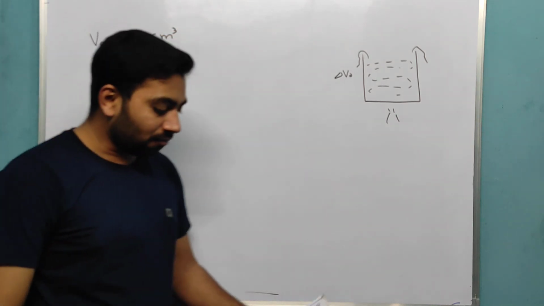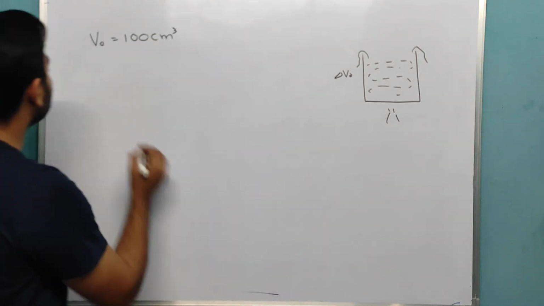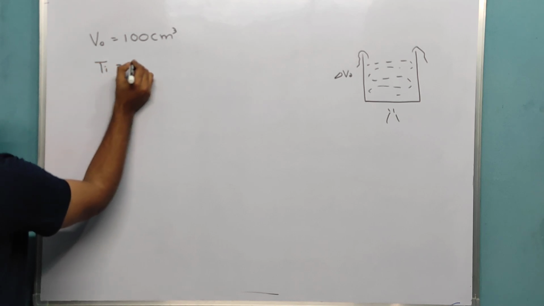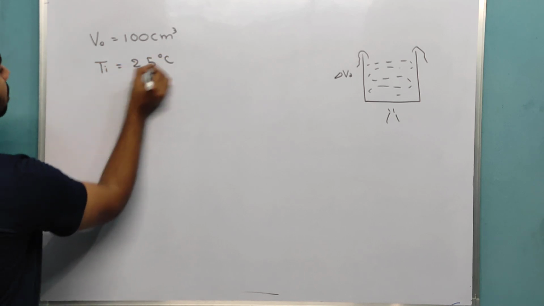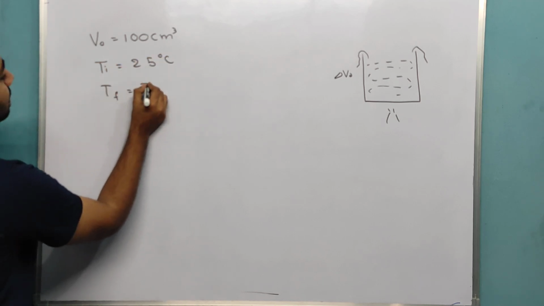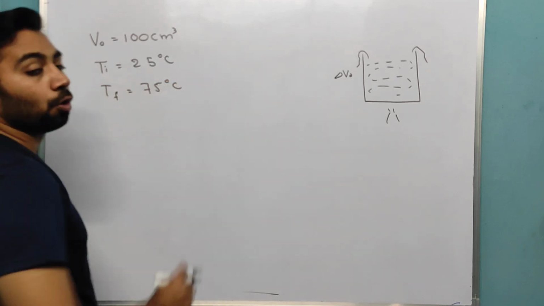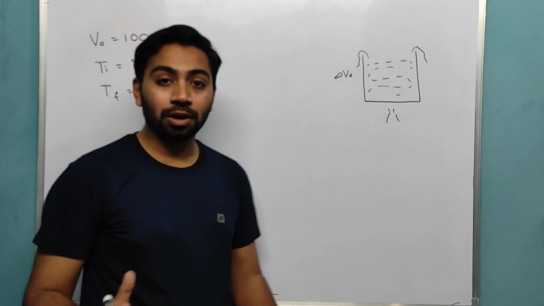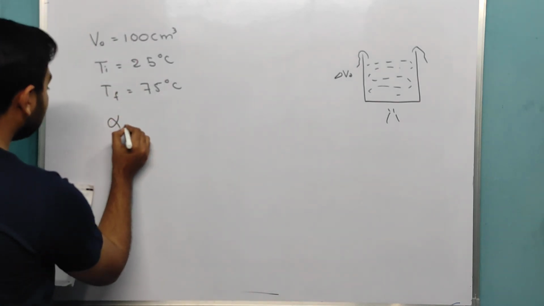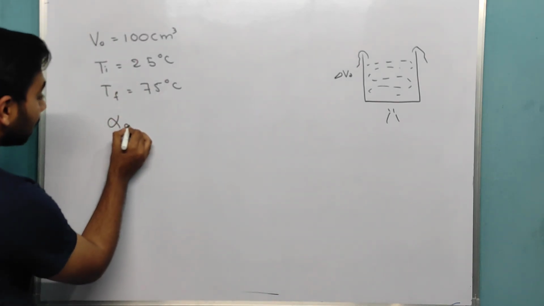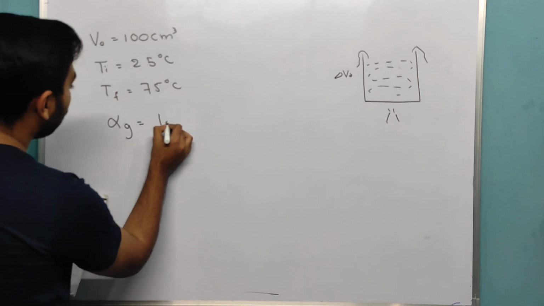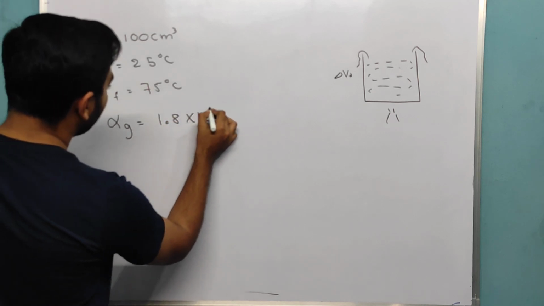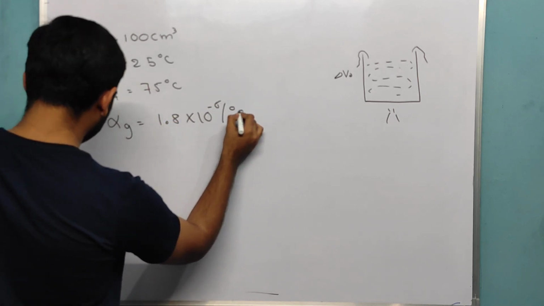Then the temperature rises from T initial 25 degrees Celsius to T final 75 degrees Celsius. Next, the coefficient of linear expansion of glass is given as 1.8 into 10 to the power of minus 6 per degree Celsius.